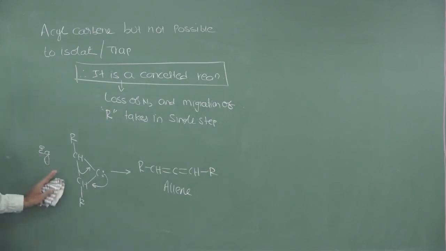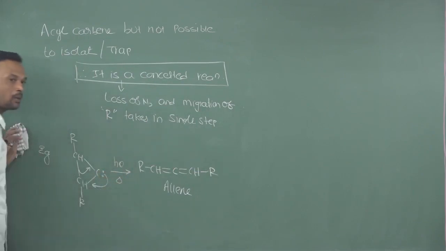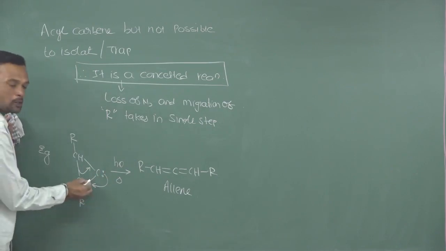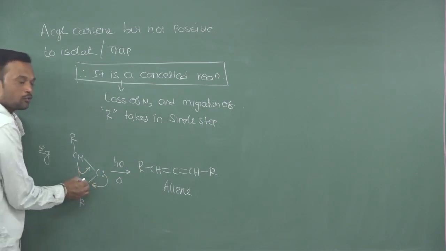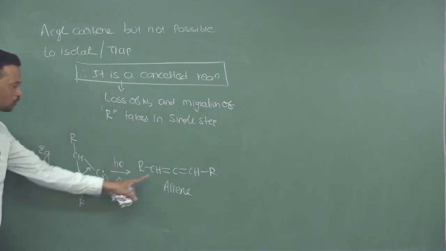It is also one kind of rearrangement. This is possible under photochemical or thermal conditions. Thermally or photochemically, a carbene present on a 3-membered ring leads to allene formation. If this molecule and the thermal or photochemical symbol are given, you write down this answer.